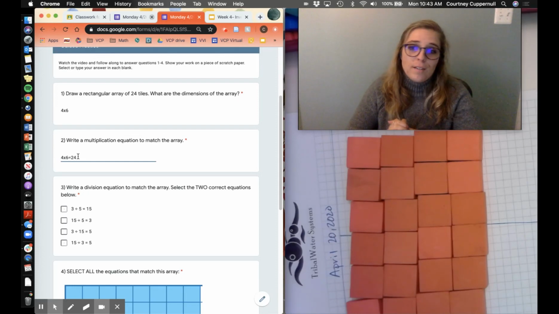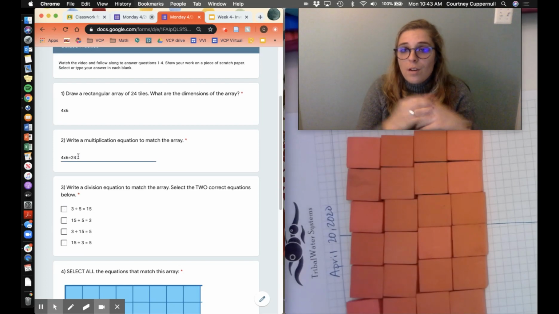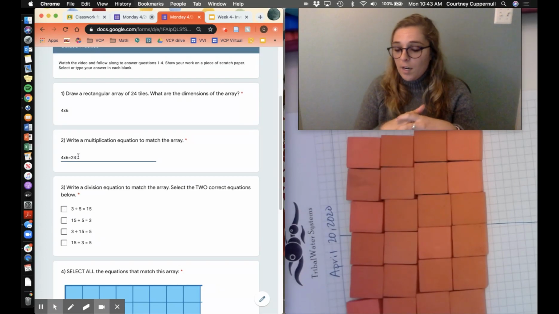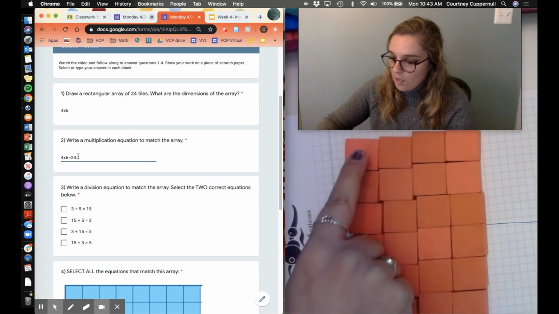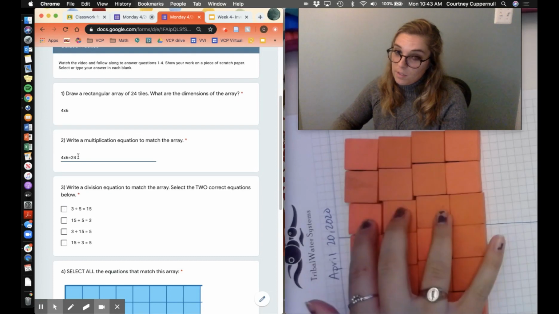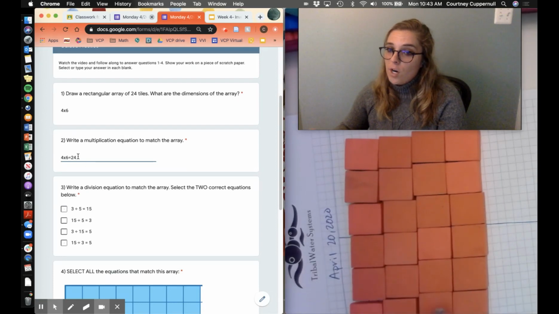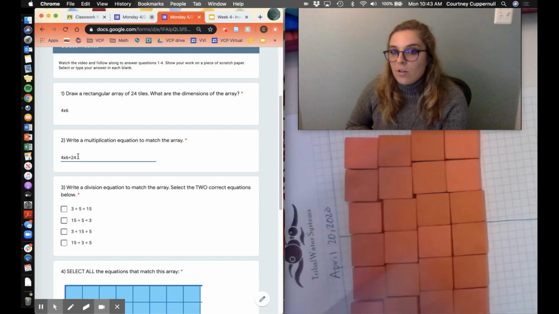So we know that it doesn't matter, 4 times 6 or 6 times 4, either one of those will equal 24. 4 groups of 6 or 6 groups of 4. Because in this case, this is 6 groups of 4. I have 1 group here, 2 groups, 3 groups, 4 groups, 5 groups, 6 groups. And there is 1, 2, 3, 4 tiles in each row.